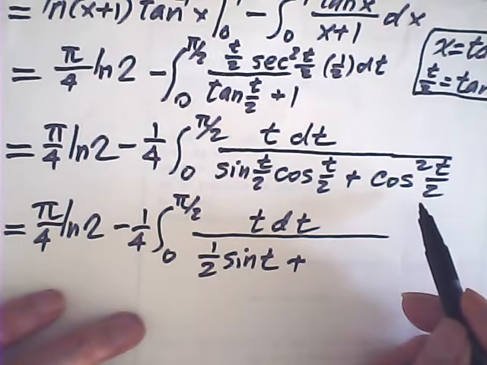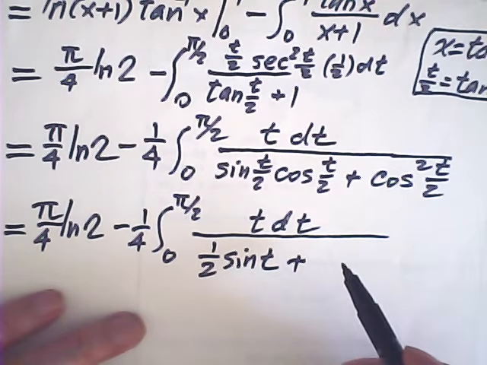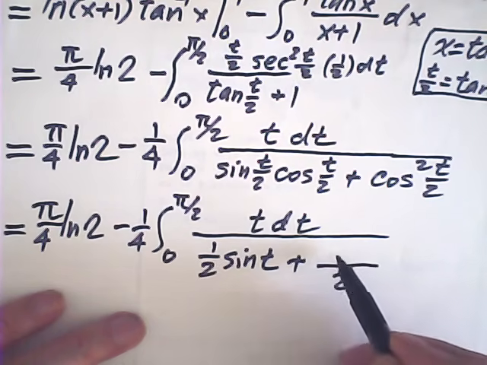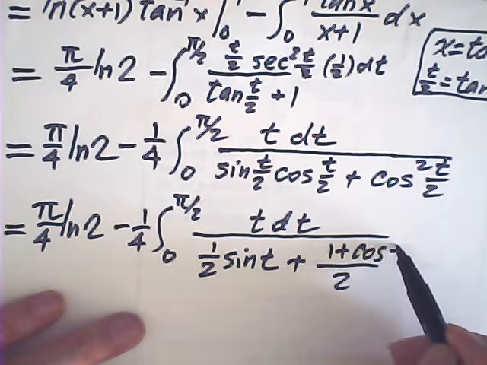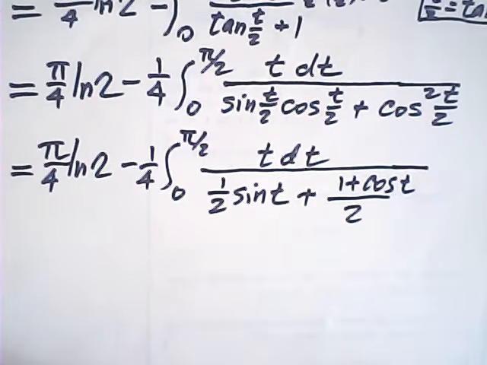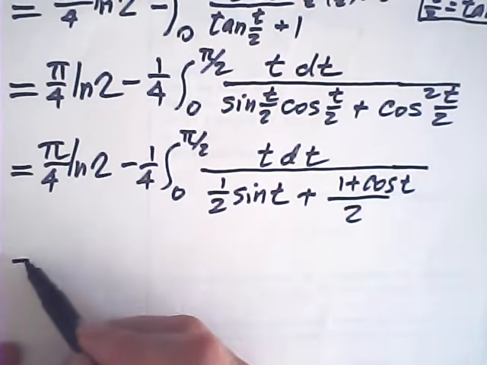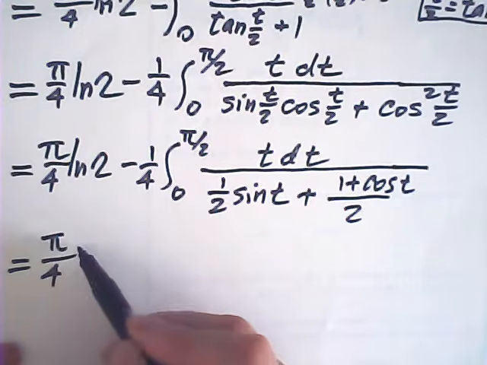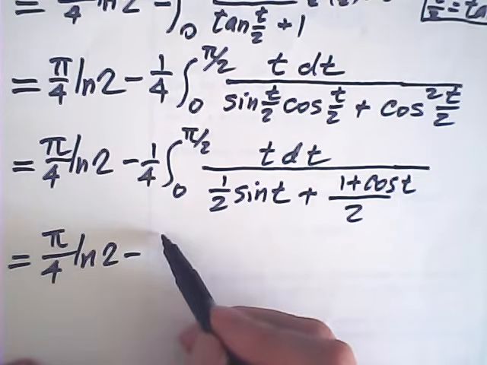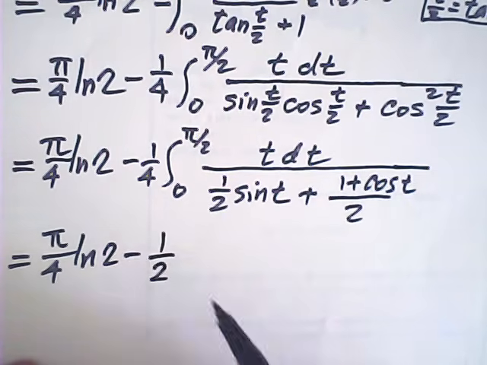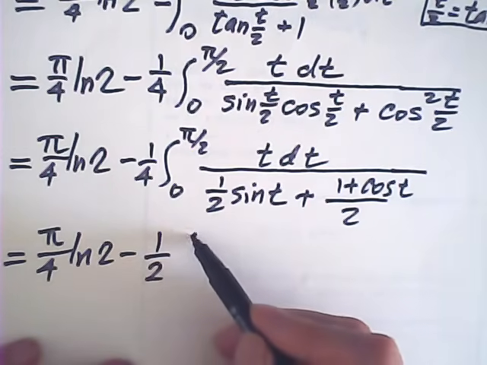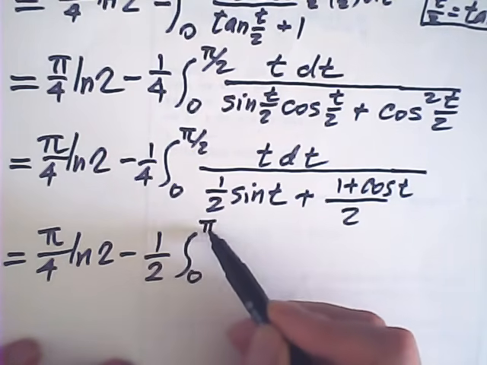Plus this one is half of 1 plus cosine t, right? So this one equals 1/4 pi log 2 minus, and the 4 and 2 combine, becomes half, the integral from 0 to half pi.